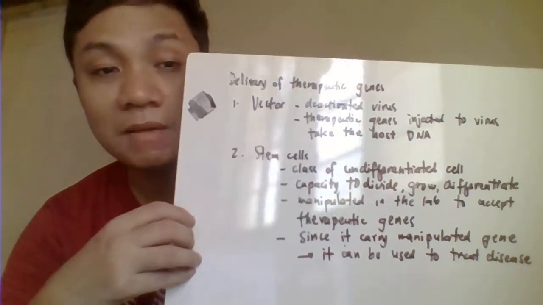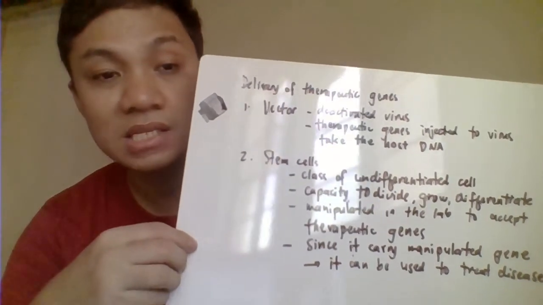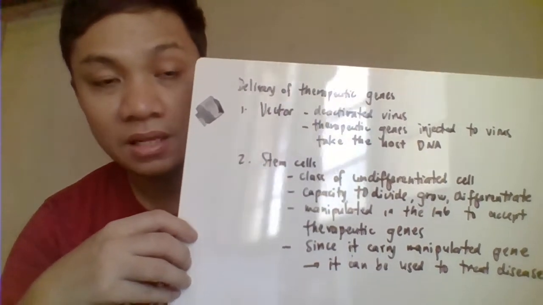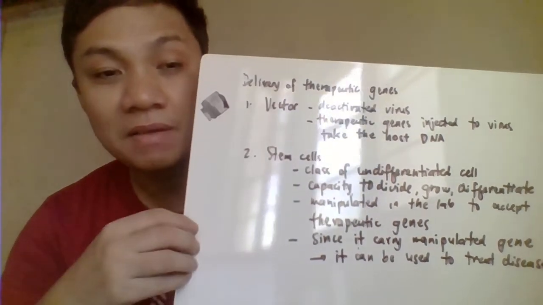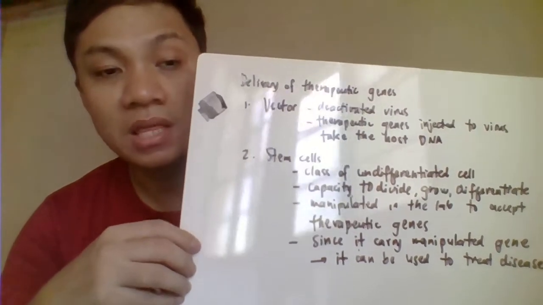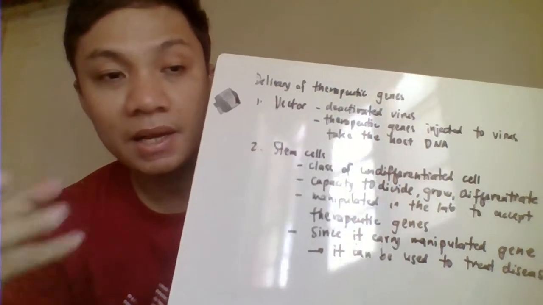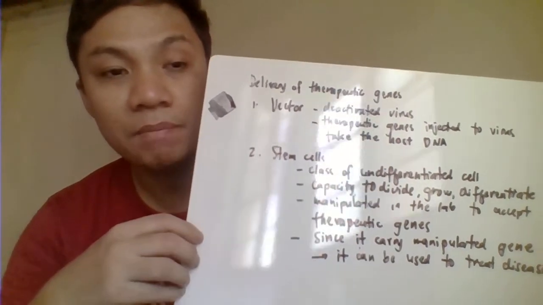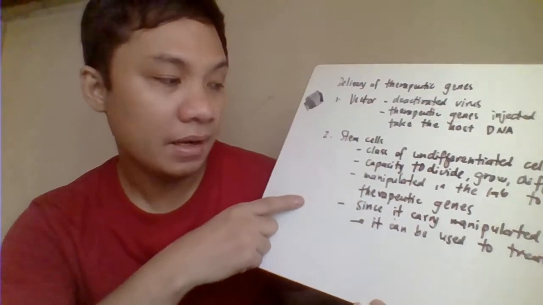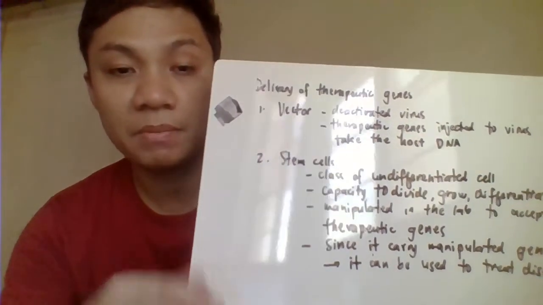So all you need to do is just manipulate your stem cells. Bibigyan mo pa rin siya or lalagyan mo pa rin siya ng therapeutic genes in order to carry the normal gene. So once your stem cells have been inserted with your therapeutic gene, they multiply, grow, and differentiate, then magiging normal na siya. You're able to replace your abnormal genes or abnormal cells in your body. Okay, so those are the ways of delivering your therapeutic genes.